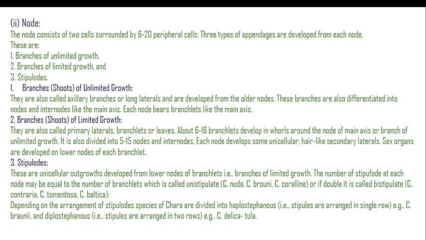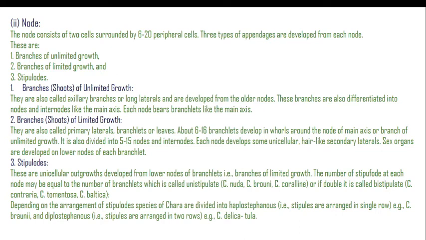Each node develops some unicellular hair-like secondary laterals, and the sex organs are developed on the lower nodes of each branchlet. Below that there is the presence of stipulodes. These are unicellular outgrowths developed from the lower nodes of branchlets, that is, branches of limited growth.